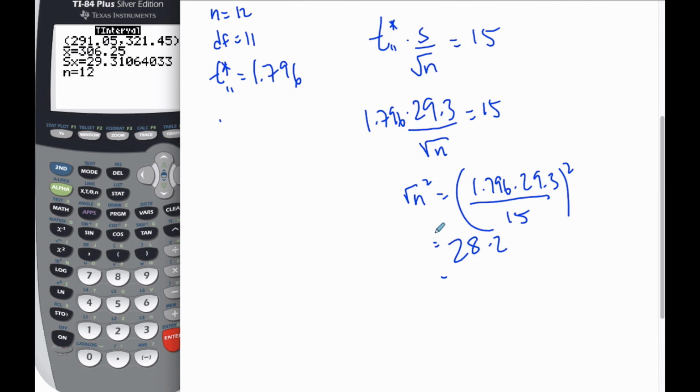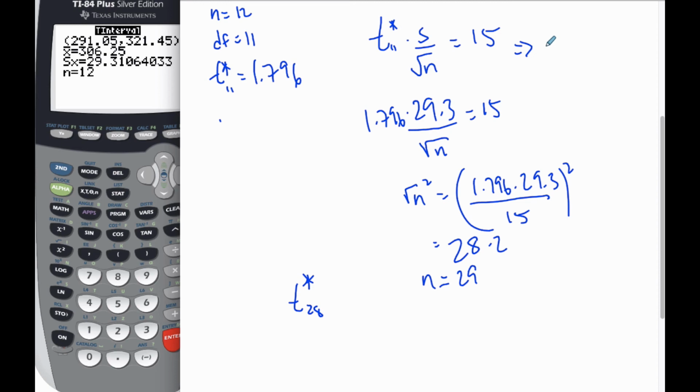Well, I don't know this for sure because this degrees of freedom was estimated. So what we do again is we do the same calculation a second time, except now we use our 28. Well, this n is 29, we round up. So degrees of freedom is 28. And we're going to do the same calculation, but with this particular t star. And if we rearrange this formula, let's just do it now.